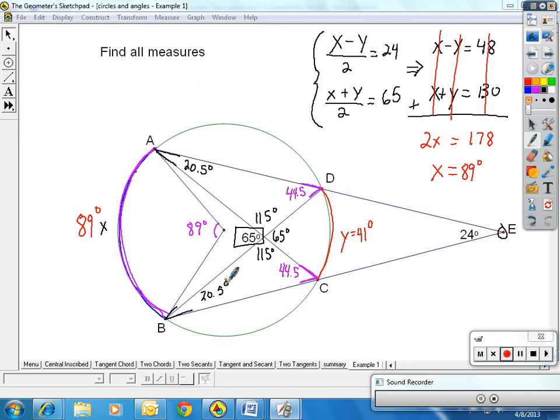So you can see here, just by working your way around, you are able to solve all of the different angles using your rules. So you'll need to have these rules memorized and then practice applying them.